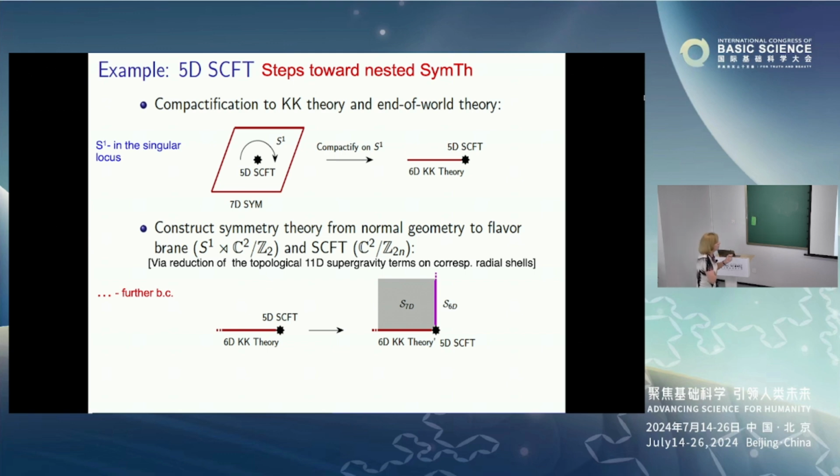The way we construct these symmetry theories is from the normal geometry, both to these flavor branes and the superconformal field theory, via reduction of 11-dimensional supergravity, in particular the topological terms of 11-dimensional supergravity. In this reduction, of course, we do that on the corresponding leftover radial slices.